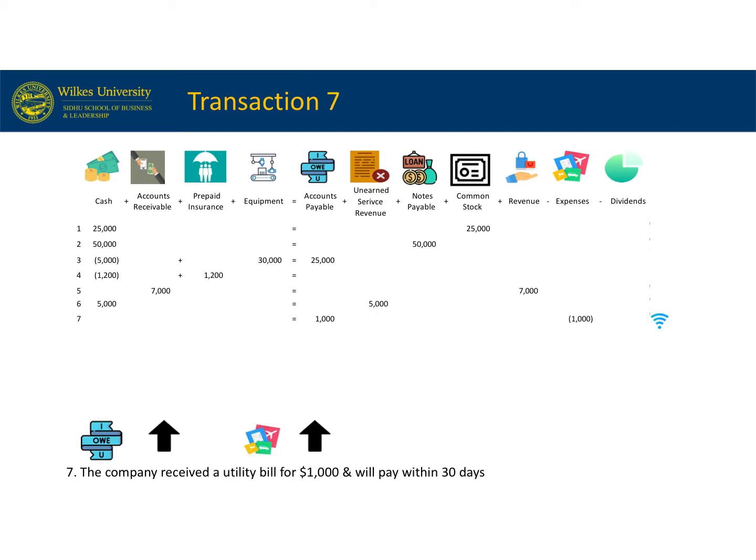In transaction 7, the company received a bill for $1,000 in utilities and will pay within 30 days. The company is using electricity or other utilities every day, but they do not know the amount of the bill until it is received. Using the utilities is an expense or a cost of doing business, and the amount is owed, typically within 30 days.